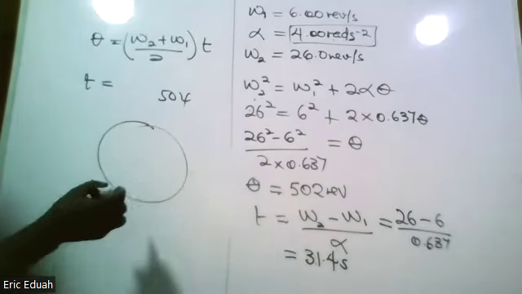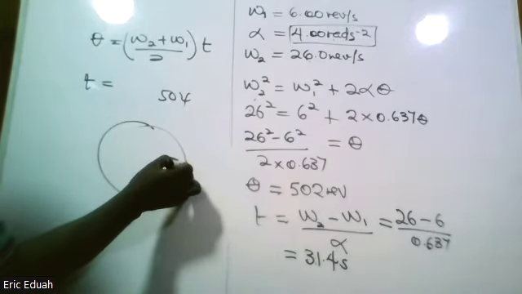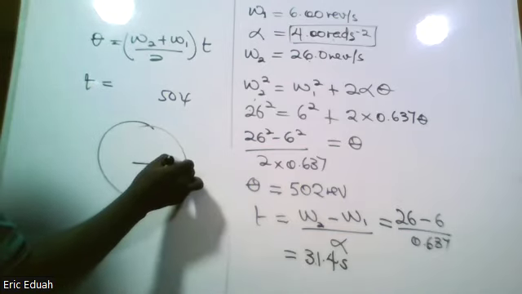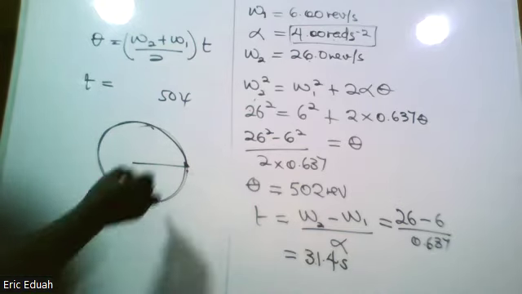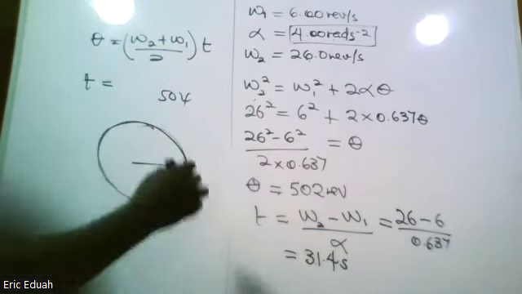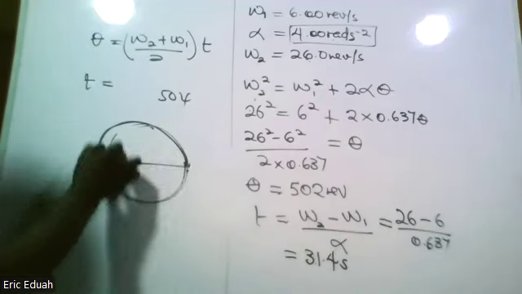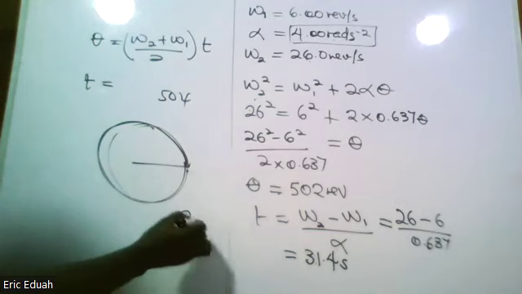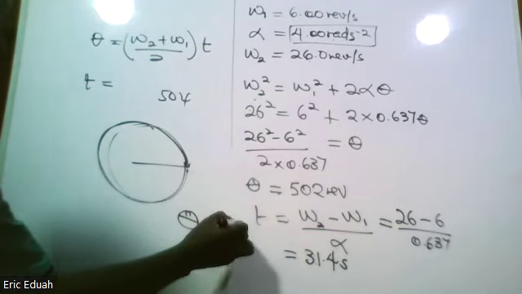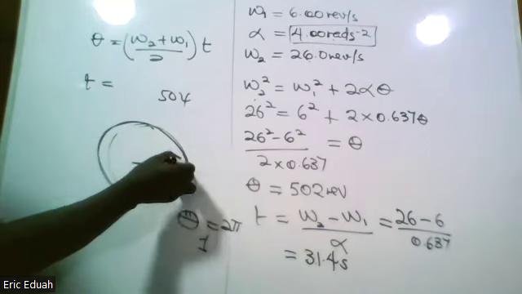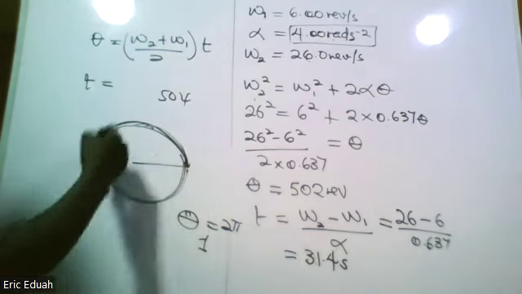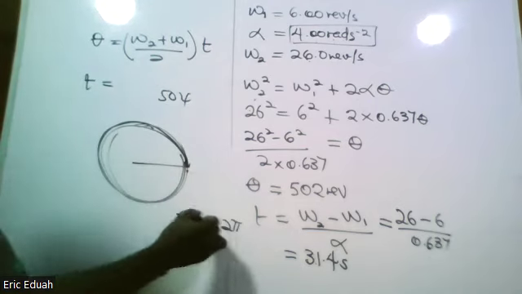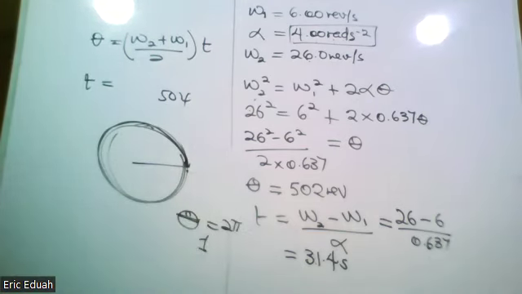If the body makes one complete revolution, 1, 2, 3, each turn has an angular displacement equal to 2 pi or 360 degrees, or 1 complete revolution. So if I find theta, I have also found the number of revolutions.